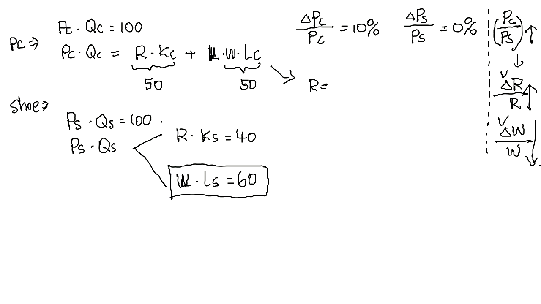R is equal to the total revenue of this industry minus the payment to another production factor, divided by the capital you use in this industry, right?